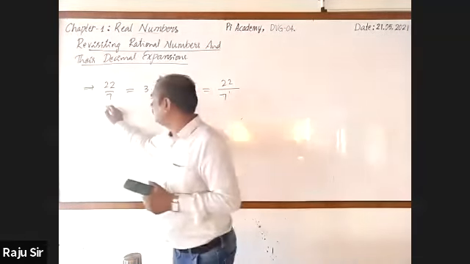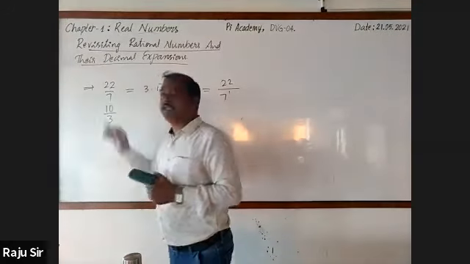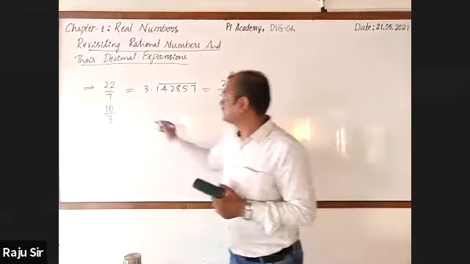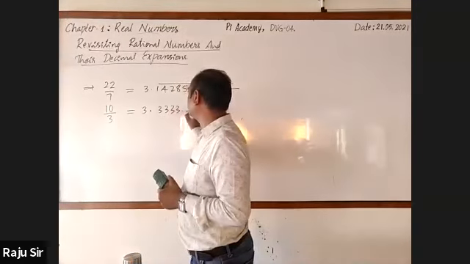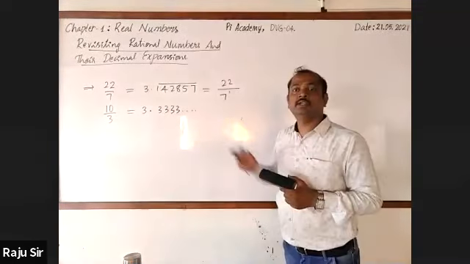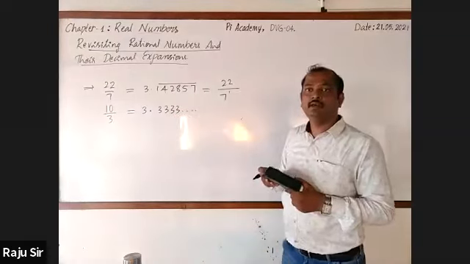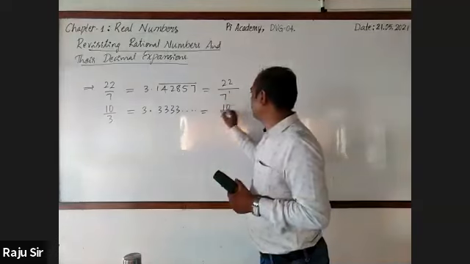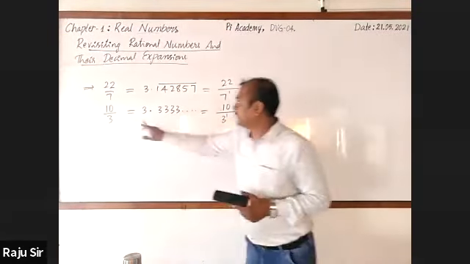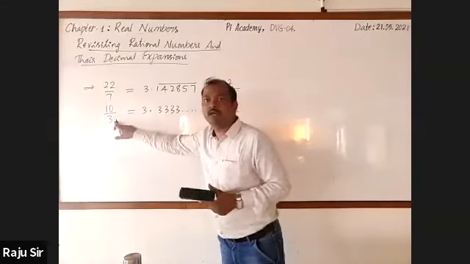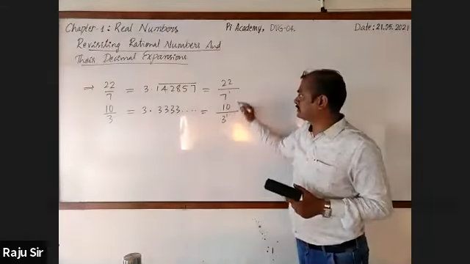Not only this, even if I take 10 by 3, a rational number, its decimal expansion would be 3.333333 and so on. It is non-terminating recurring. And I'll write that number as 10 by 3 raised to the power 1. Observe the prime factorization of the denominators in both the numbers.